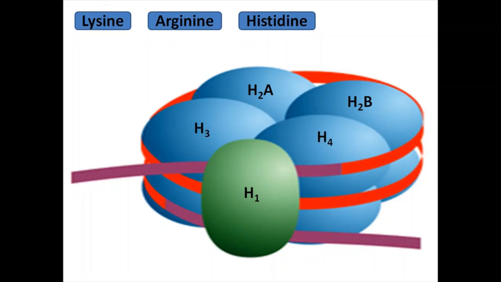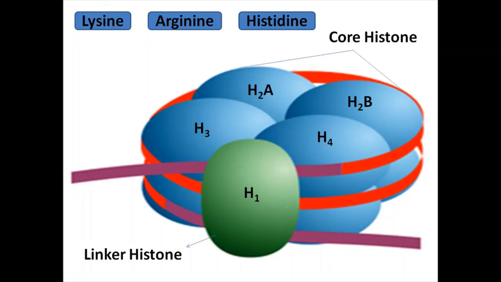The H1 histone is loosely attached to the DNA and is called the linker histone, while the others, that is H2A, H2B, H3 and H4, are called core histones. All histones except H1 are present in equimolar amounts, and H1 is approximately half of the other.